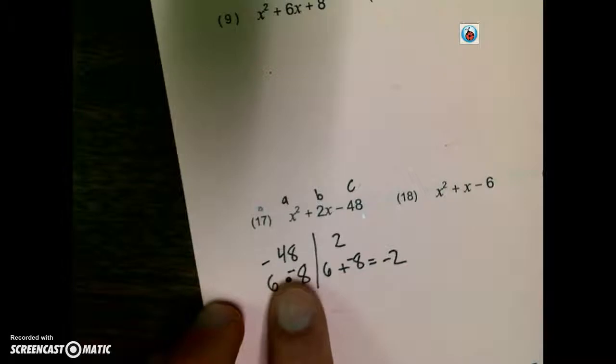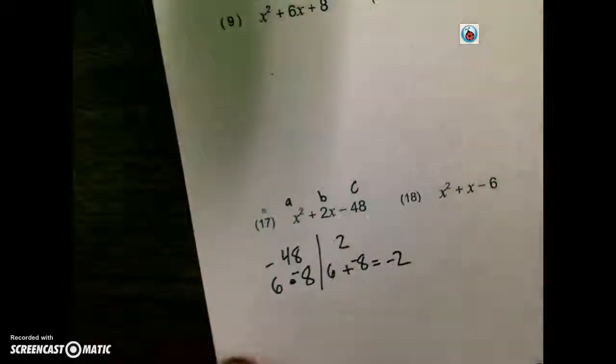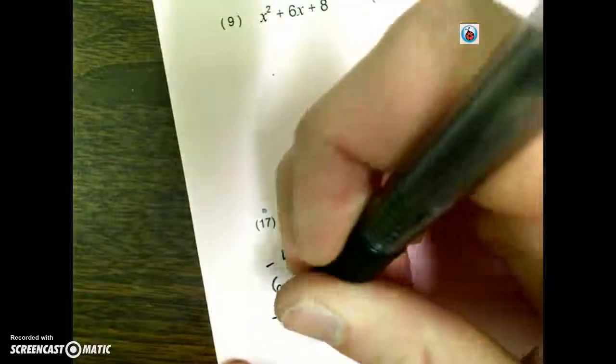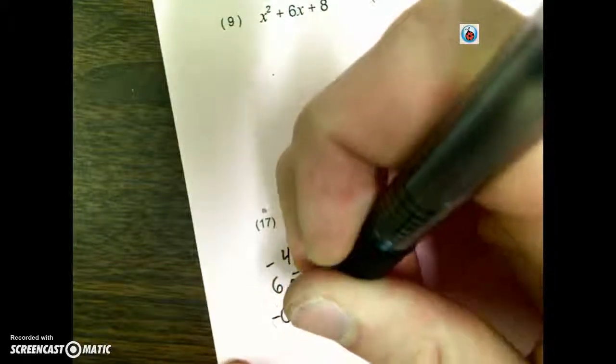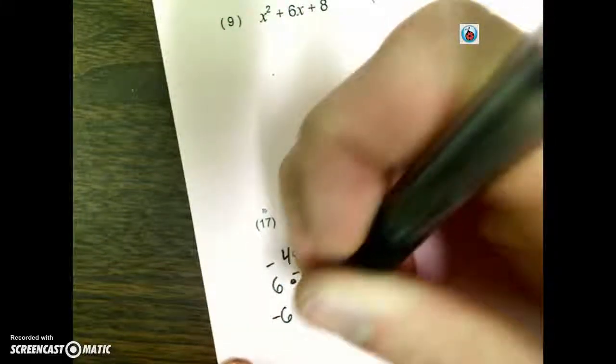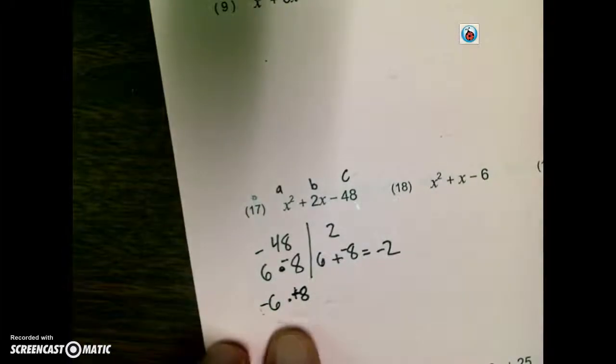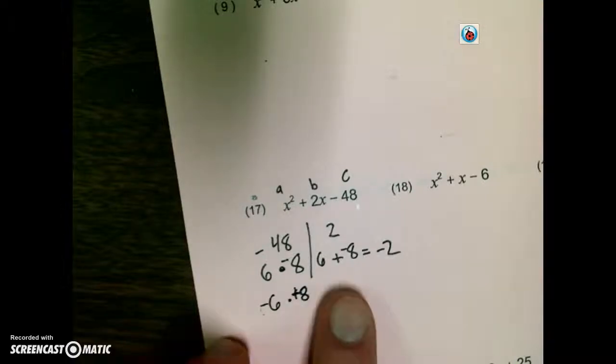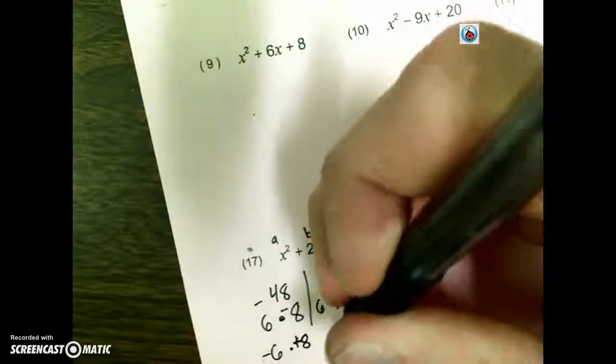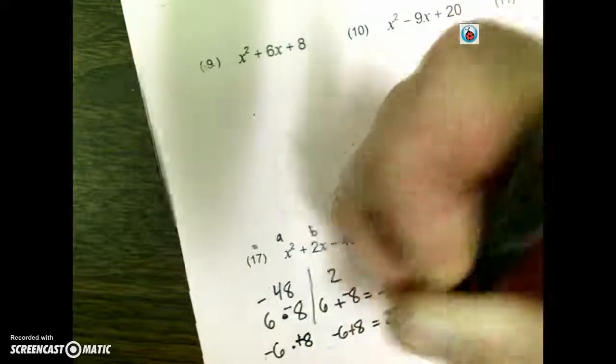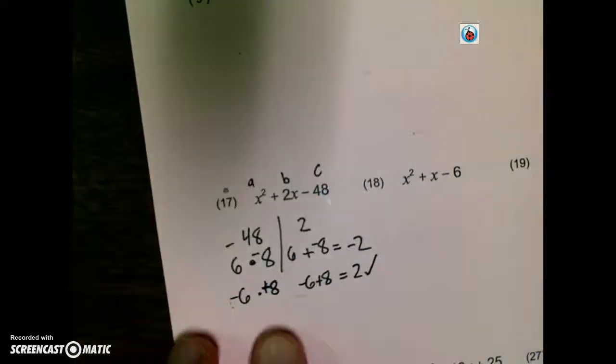All we need to do is switch the negative from the 8 to the 6. Right, because negative 6 times a positive 8 still gets us a negative 48, which is good. And also, negative 6 plus 8 takes me to a 2. So that's the combination we need. We need a negative 6 and a positive 8.